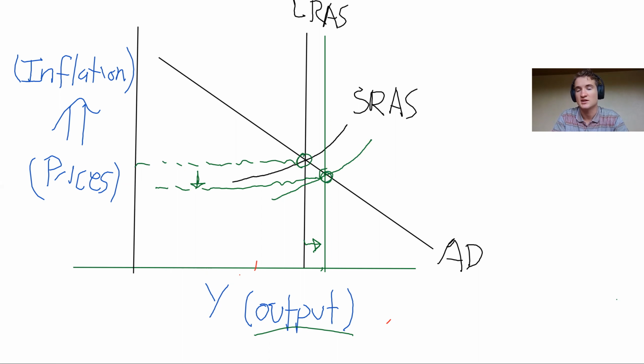So if we think about this, an increase in output is going to be associated with an increase in GDP. You would assume probably an increase in GDP per capita. And then in terms of our macroeconomic problems that we're trying to solve, it's that y-axis, that output axis, that's going to be associated with the unemployment rate.